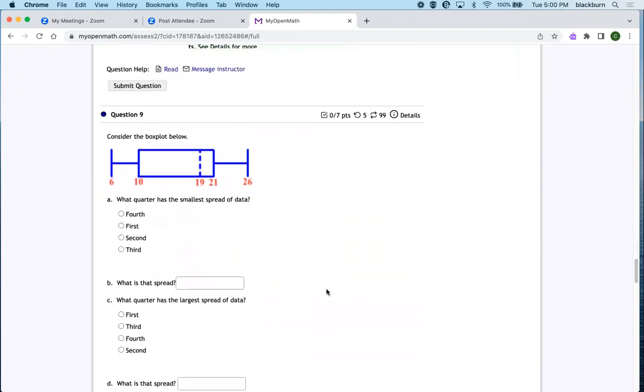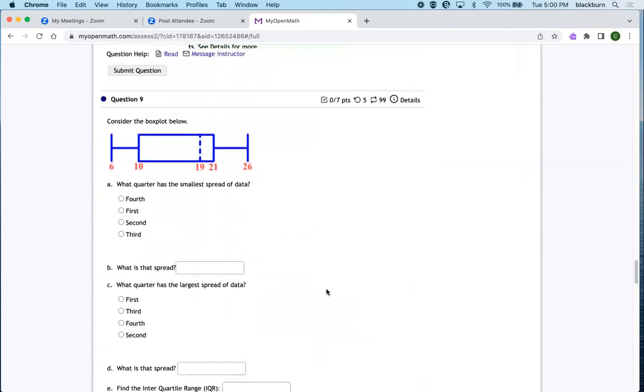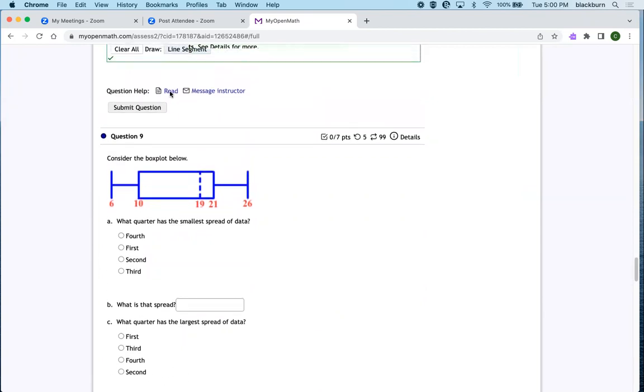This is called a box and whisker plot. Basically what's happening here is that this value, 6, is the minimum value. 10 is the first quartile, so 25% of the data lies between 6 and 10. 19 is the median, and 25% of the data lies between 10 and 19. 21 is the third quartile, so 25% of the data lies between those two values.